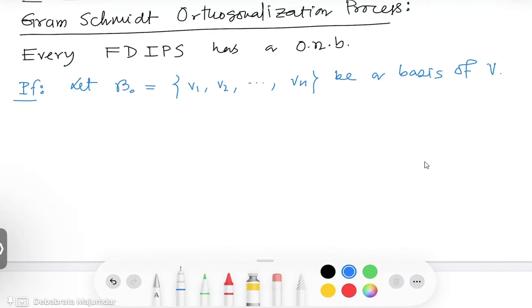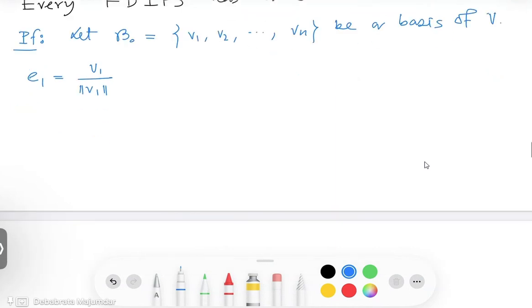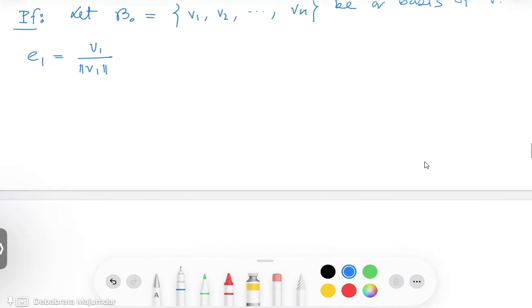The basis of V. Now I am trying to modify beta naught. Now E1 is equal to V1 by norm V1. Okay, so basically this is a vector whose norm is 1. Now I am writing, with the help of this vector, W2 like this.